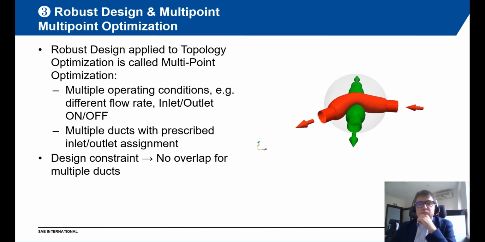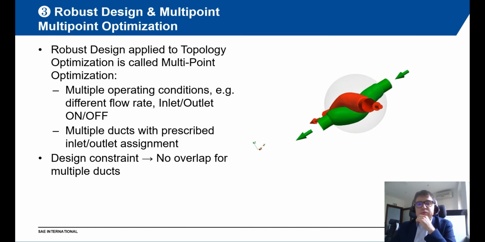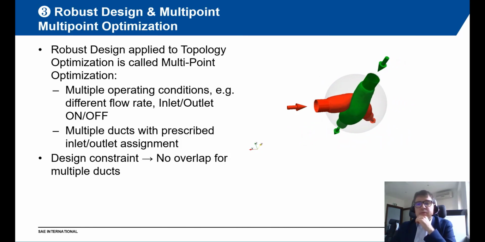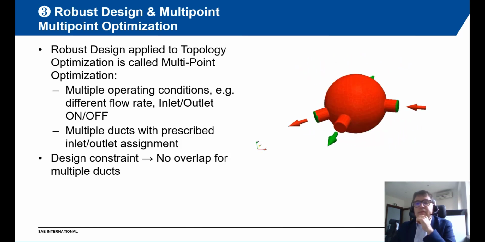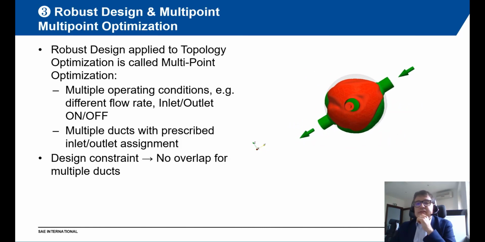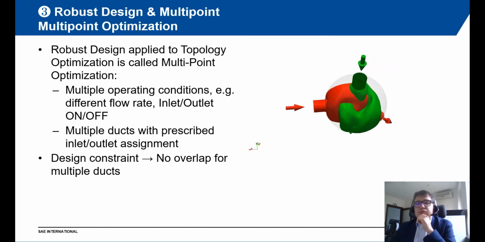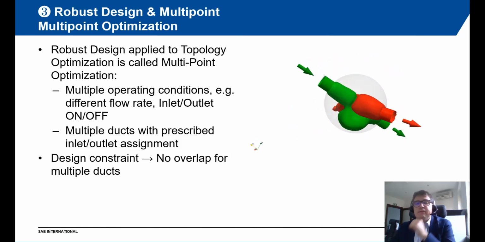For example, here we have two ducts which we want to optimize. We start from a spherical design space. We know the inlet and the outlet of each duct, and you can see here that we also want to have no overlap between the multiple ducts.